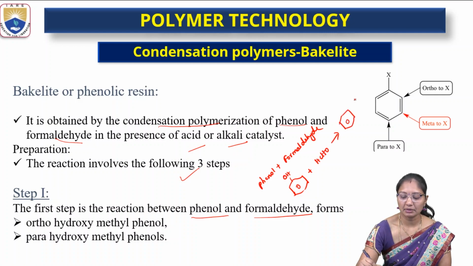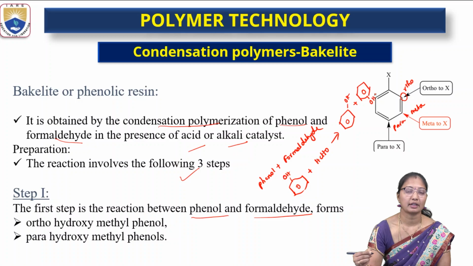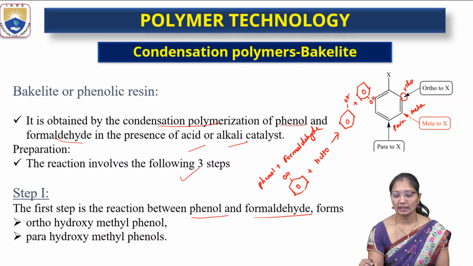Generally, for the benzene molecule, there are three positions: ortho, meta and para. Here we are going to get ortho and para. There is one hydroxyl group, OH, here, and this is the ortho position.